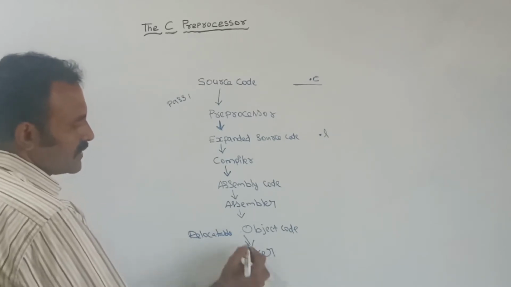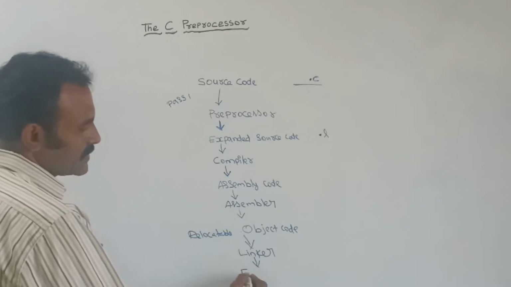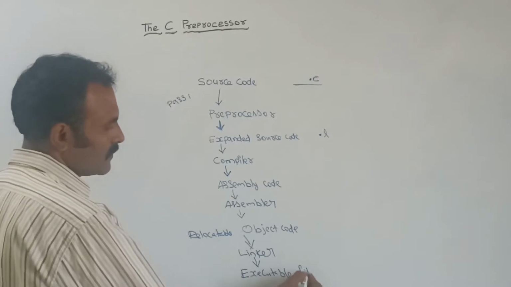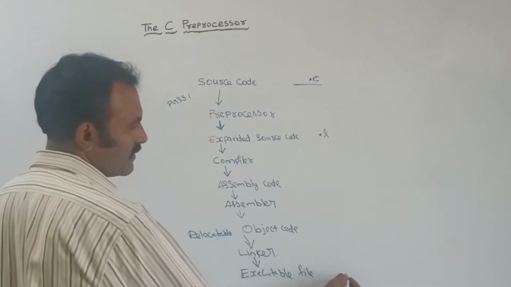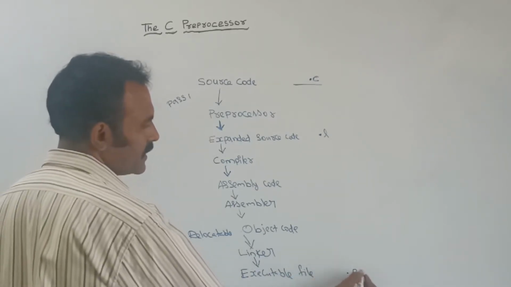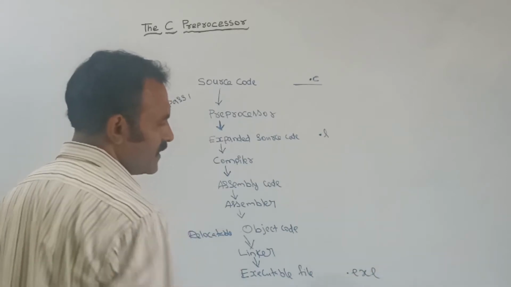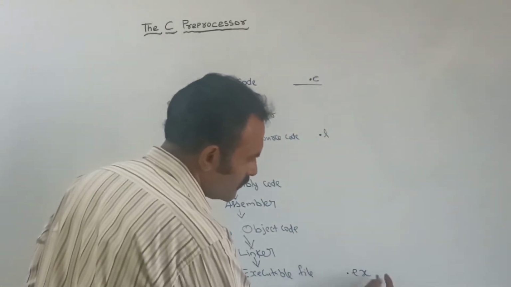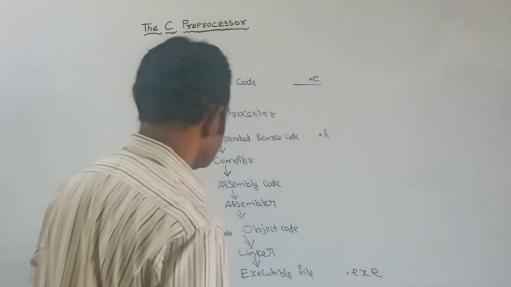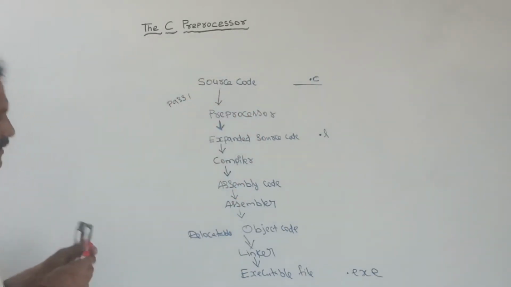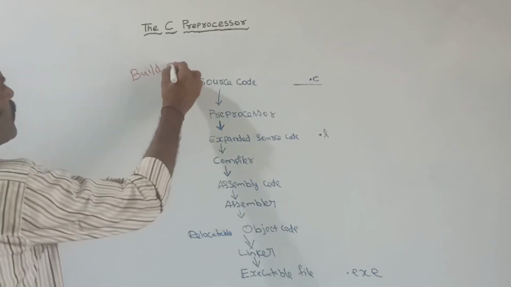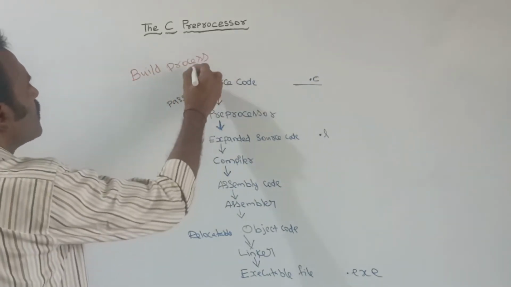After this, the linker will generate the executable file. This executable file will have the extension .exe. This exe file only will run in the system. This is all the build process.